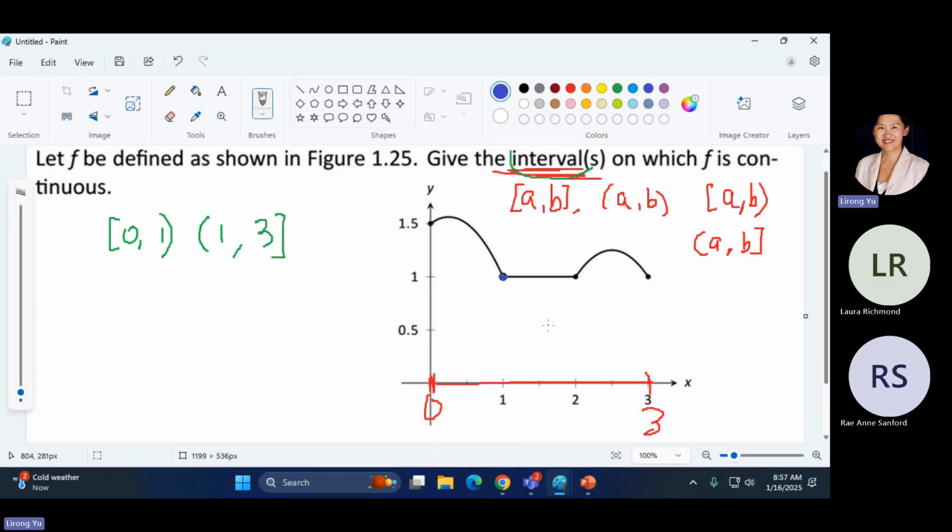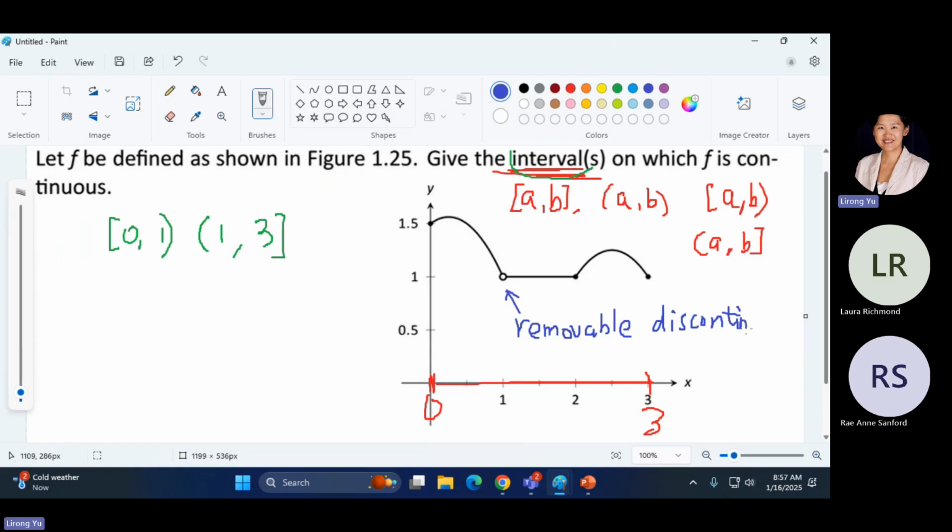So this kind of discontinuity has a special name. If it seems to be fixable, and we can see it, we call that removable discontinuity.